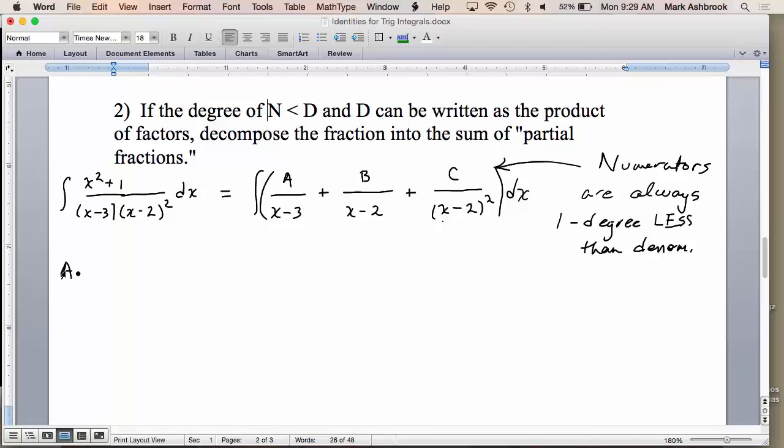The numerator is going to be A times x minus 2 squared. What do I need to multiply top and bottom of this one by? Just x minus 3? And another x minus 2, right? What do I need to multiply top and bottom of this one by to get the common denominator? X minus 3.